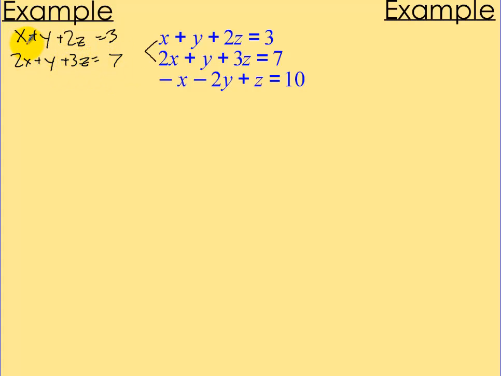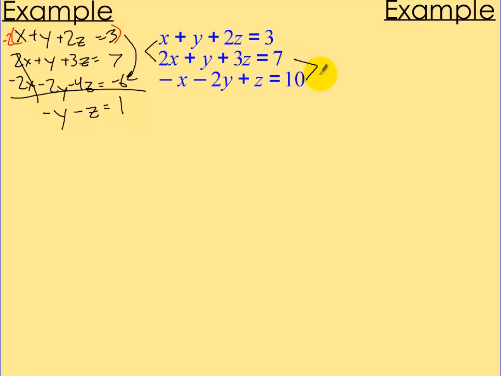Okay, I want to eliminate the x's, so I've got to multiply the top equation by negative 2. So then the top equation becomes negative 2x, minus 2y minus 4z equals negative 6. If you add up these equations, the x's cancel, negative y minus z equals positive 1. So that's the first equation.